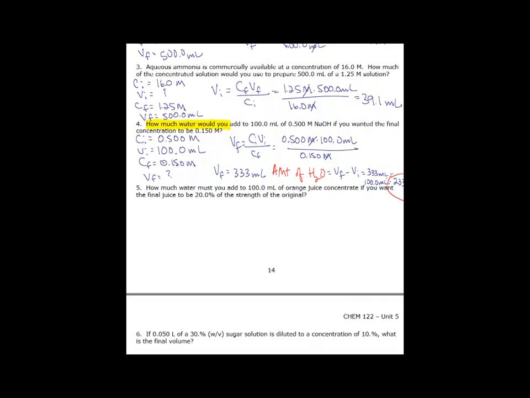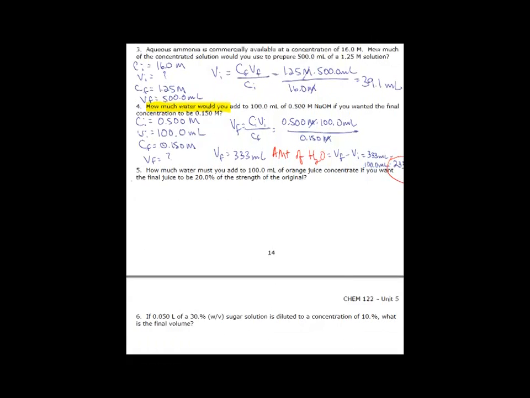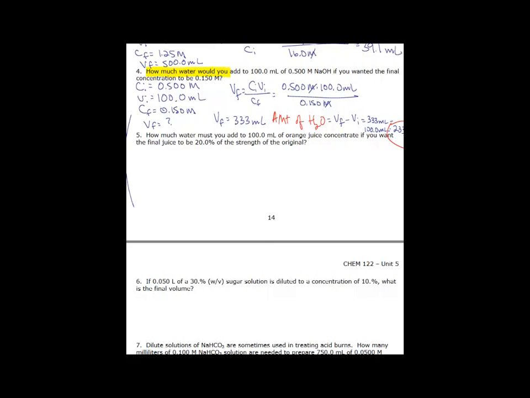And if that explanation wasn't completely clear to you, I'll draw you a picture at the bottom of page 14. You start off with 100 mils. To dilute it to the appropriate concentration, you add water.